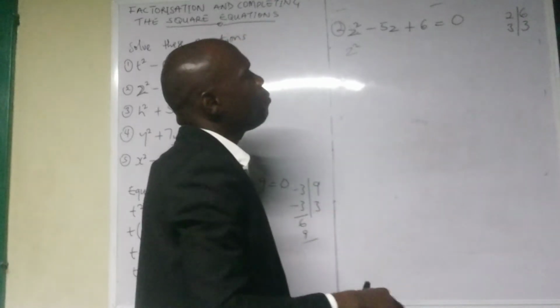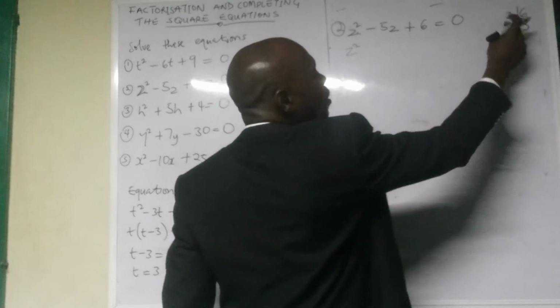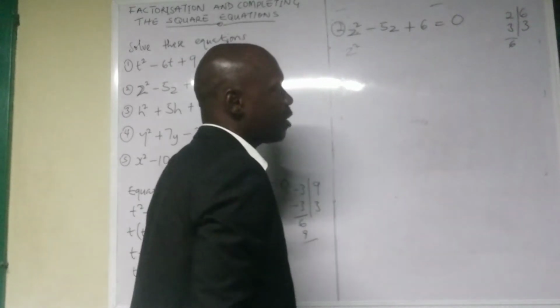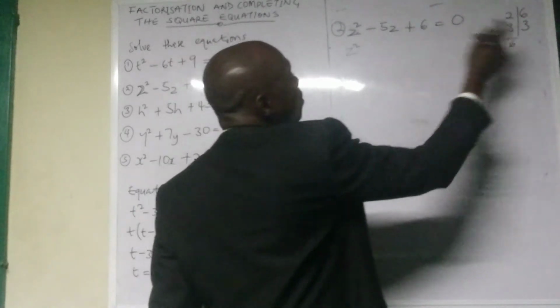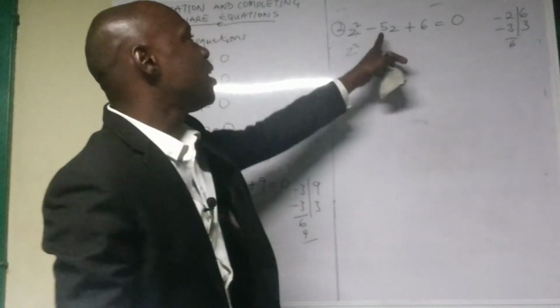So if you pick 2 and 3, if you multiply 2 times 3, it will give you 6. Then if we want to come down to this again, if you pick minus 2 and minus 3, it's still going to give you minus 5.